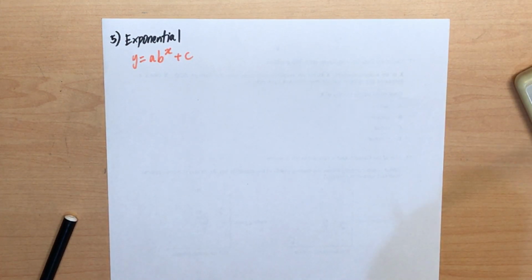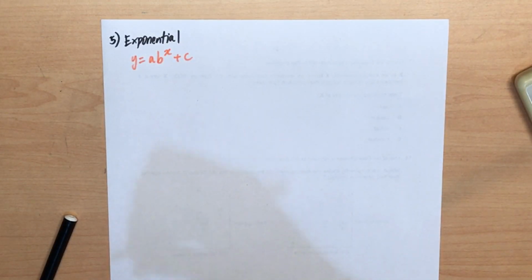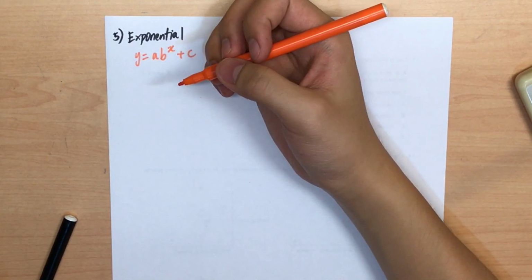It must be positive, cannot be negative. So basically the shape of the exponential graph depends on b.